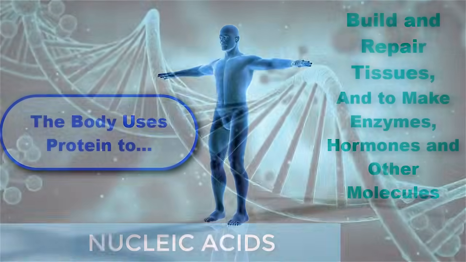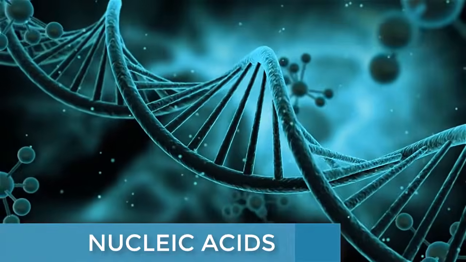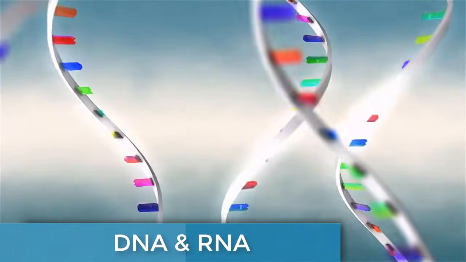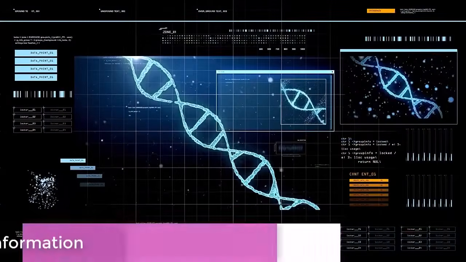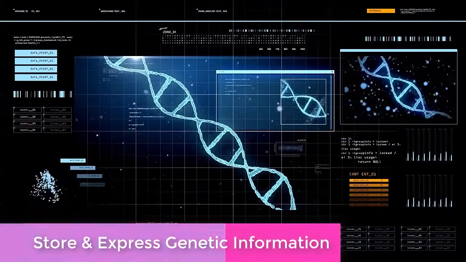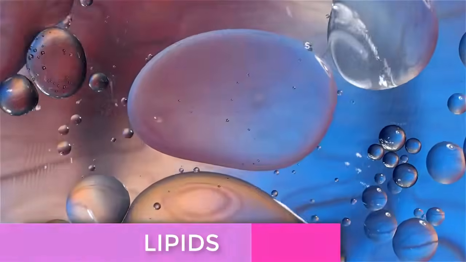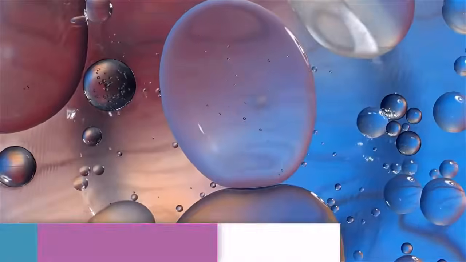Another important macromolecule needed for life are nucleic acids. Nucleic acids make up RNA and DNA. These molecules specialize in the storage and expression of genetic information. Lipids are another important macromolecule. Lipids perform 3 primary biological functions.